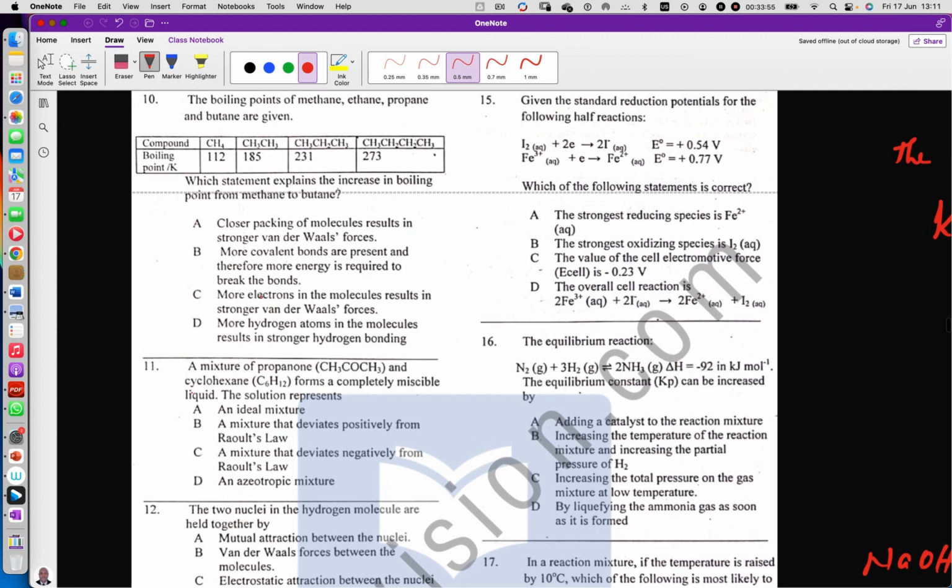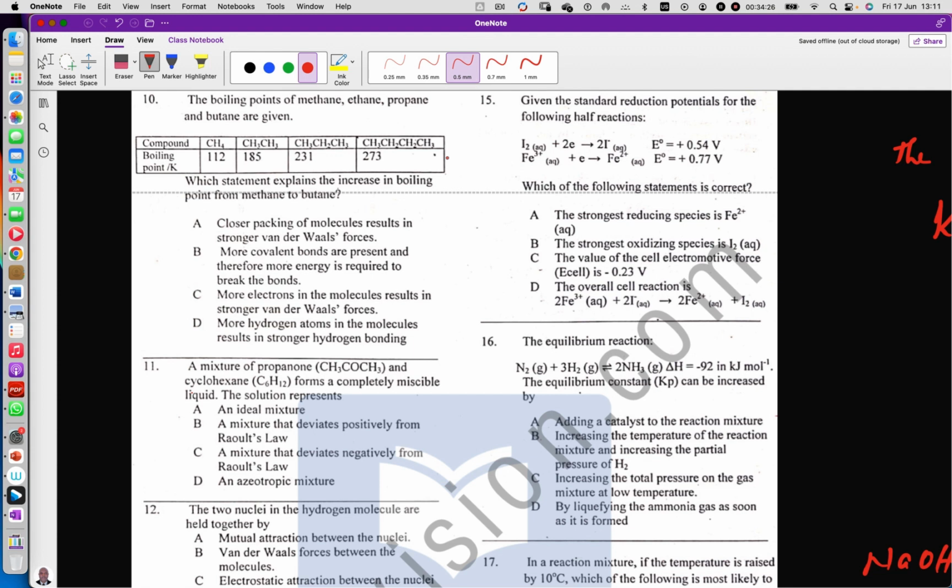Remember that as the carbon chain is increasing, the molecular weight or the molar mass is increasing. The number of electrons is also increasing. There are about 3 points here. One, as the carbon chain increases from methane to butane, the number of electrons is also increasing.